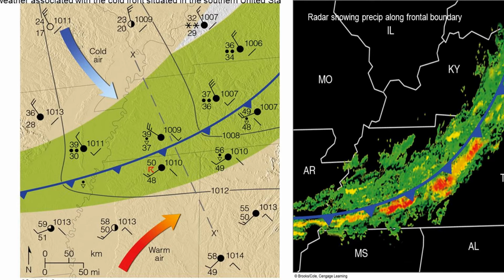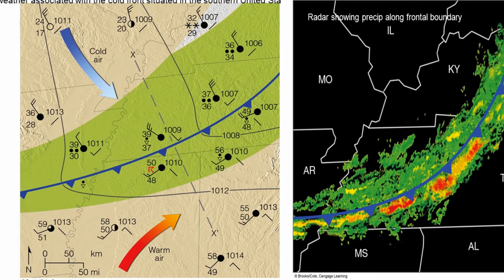If we are still looking at this picture, the left side, we can see a large contrast in air temperature and dew point temperature on either side of the front. There is also a wind shift from southwesterly ahead of the front to northwesterly behind it.